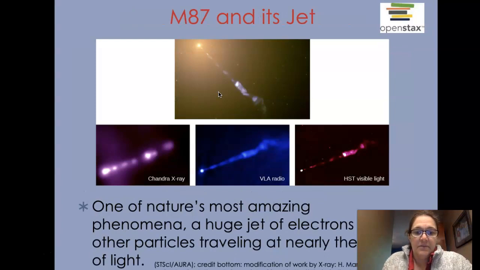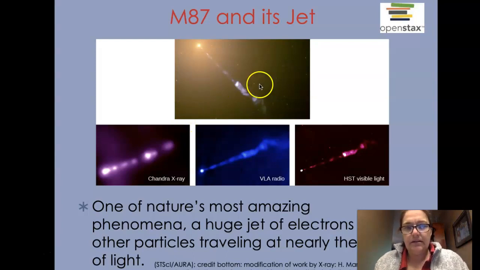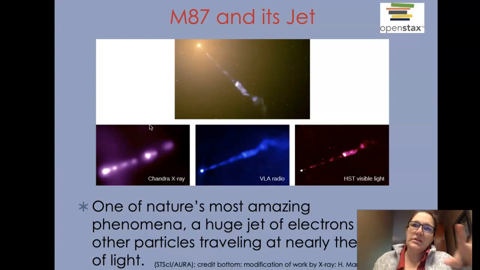So M87, this is one of the ones that we looked at before, and we'll look at M87 again. Huge jet coming out of here. And so we see the jet is sort of blue compared to the light from all those stars that's very yellow.